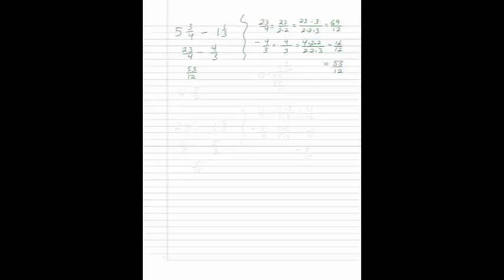So we'll take 12 into 53. That, of course, is 4. 4 times 12 is 48. 53 minus 48 is 5. So we get 4 and 5/12 as our answer here.